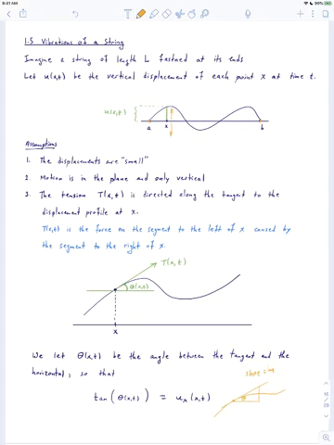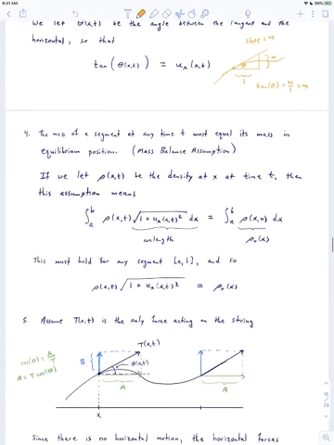It means that with every increase in x by 1, the increase in y is m. So in other words, tangent of theta is m over 1, which is m. So if theta is the angle made between the tangent and the horizontal, then tangent of theta is equal to the slope of the line. But the slope is given by the first derivative with respect to x. So that's where this equation comes from.